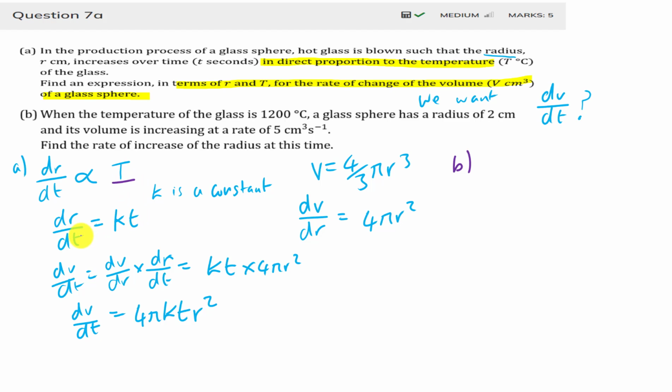That should be really a big T, right? And that's a big T. But anyway, let's go back to B. So it's saying the temperature is 1200 when R equals 2.